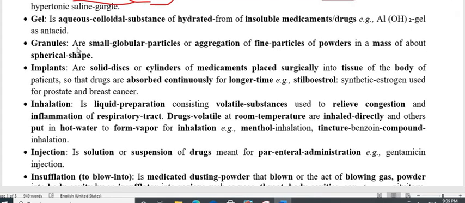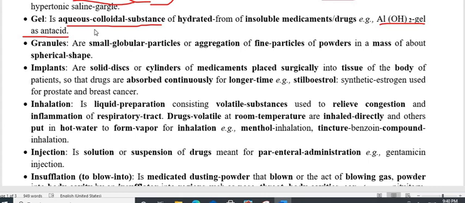Now we have to go through the gel. Gel and jelly, these two terms are also quite similar. Gels are aqueous colloidal substances, for example aluminum hydroxide gel as an antacid. The gel is in the form of a colloidal substance of a hydrated form of insoluble medicaments or drug.